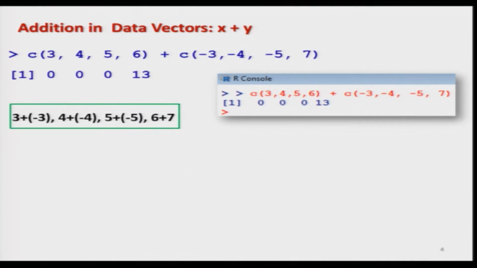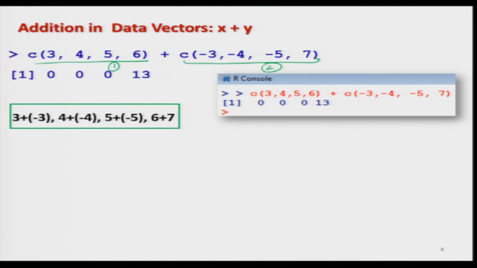Now if you are trying to use this addition operator on two data vectors, then what happens? You can see here I am taking data vector number 1 and data vector number 2.